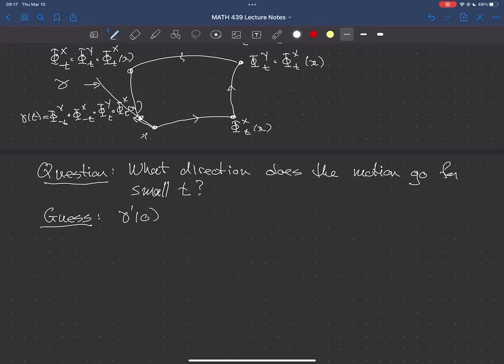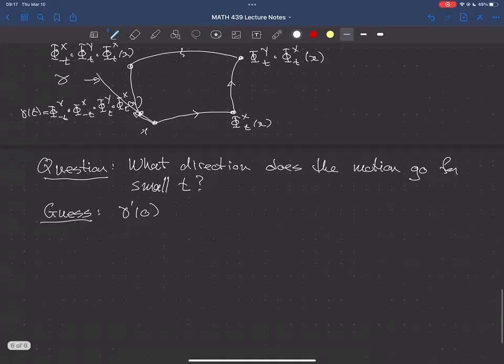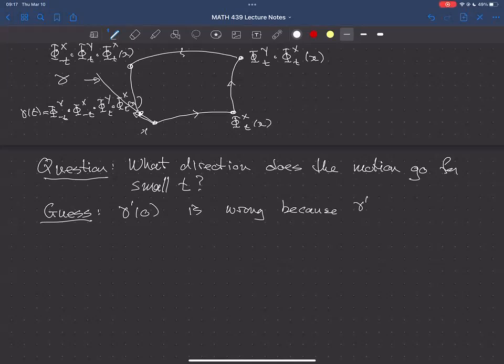So to first order, because that's what the first derivative of gamma is representing, I go nowhere. It's kind of like t squared. So that is wrong, because gamma prime of t is always 0.